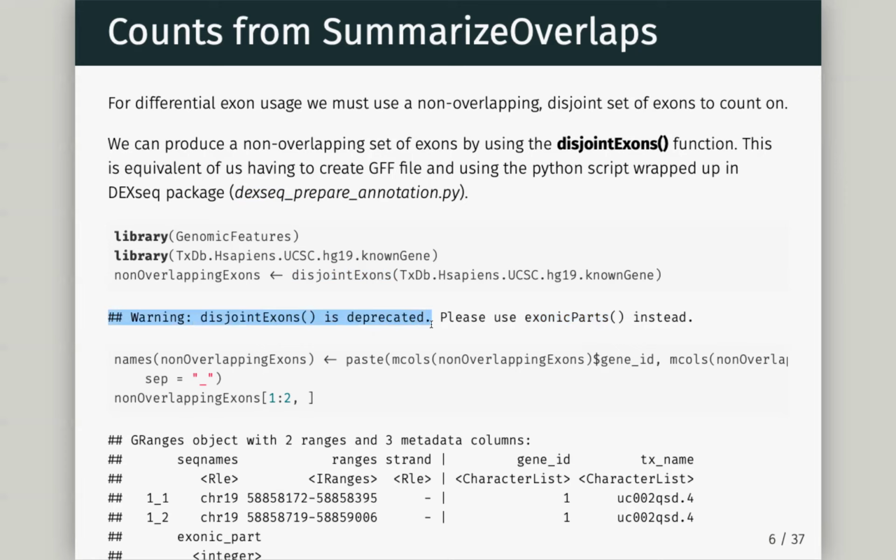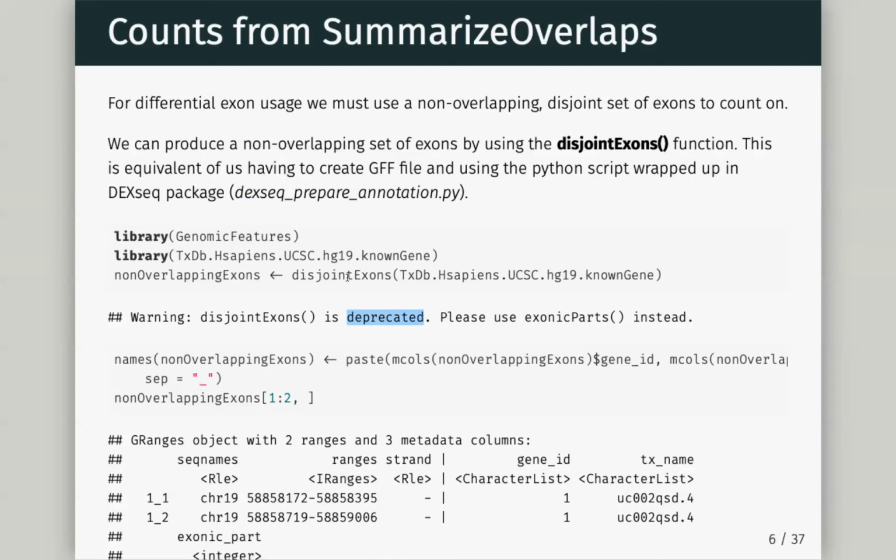It's going to work. It's only a warning. It's telling you, if you're teaching this course, update your slides next year. But it's also saying, if you're writing your own code or your own software, start using exonicParts. It can sometimes take 1 year, it can sometimes take 2 years. We see a lot of this in the tidyverse packages, dplyr, ggplot. They move very fast.